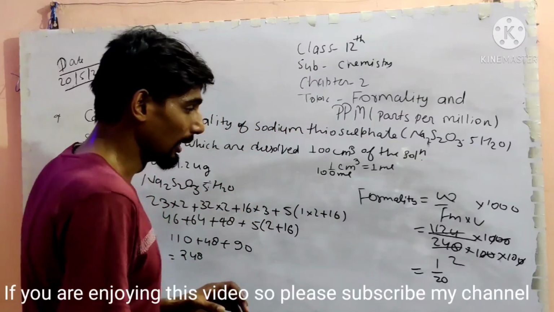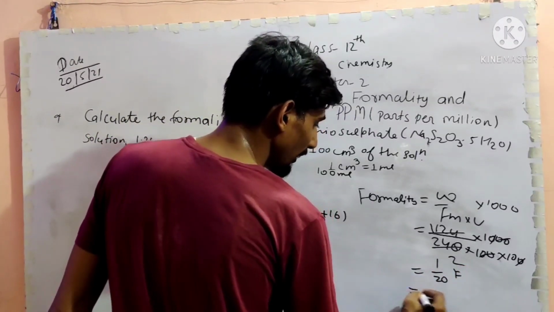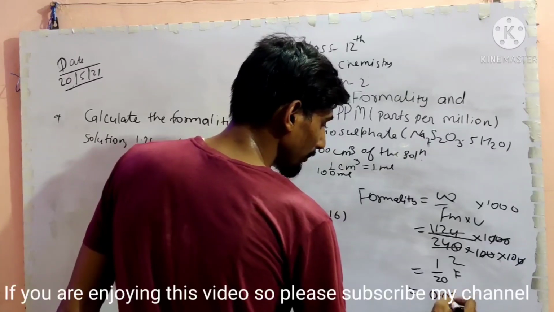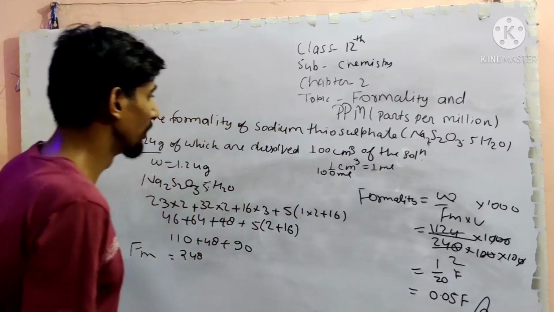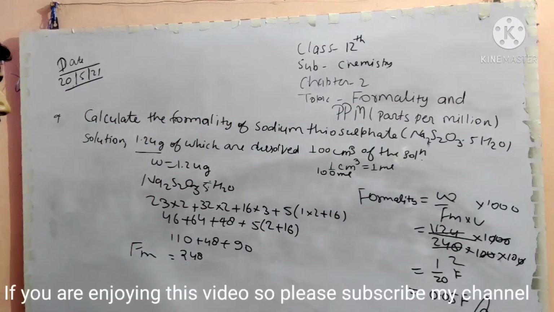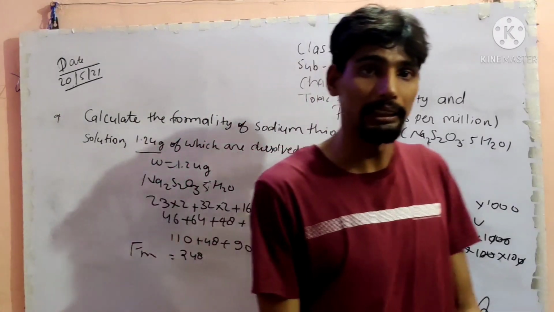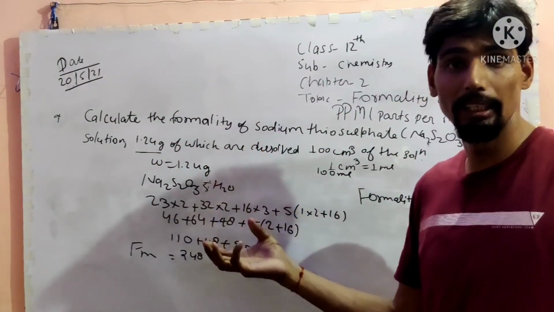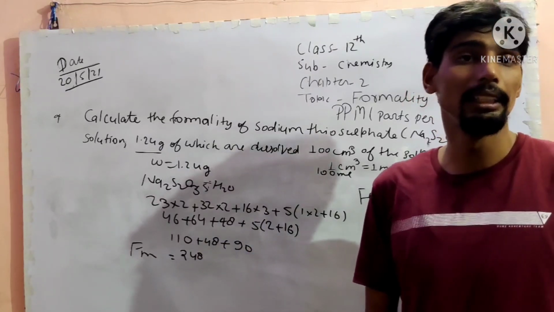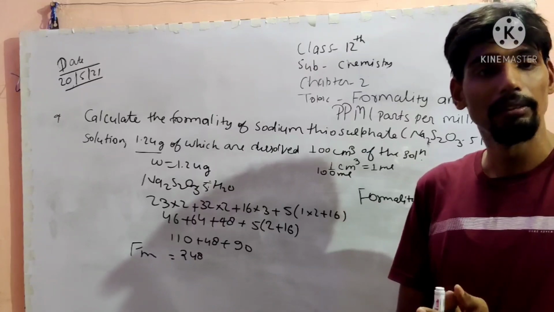So this is the formality 1/20 F. We can also write 0.05 F. This is the answer of this question. So we understood formality and parts per million, and I also explained formality with numericals, so you can easily solve the numerical problems of formality. Thank you for watching.